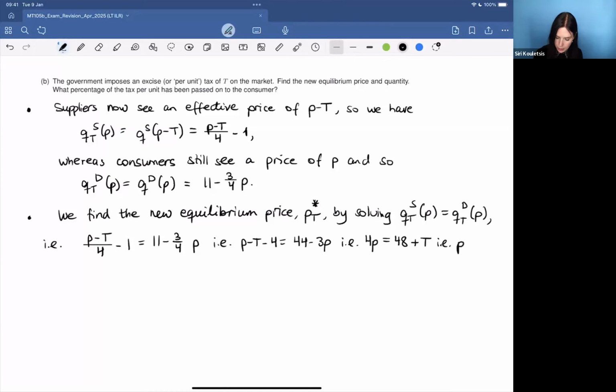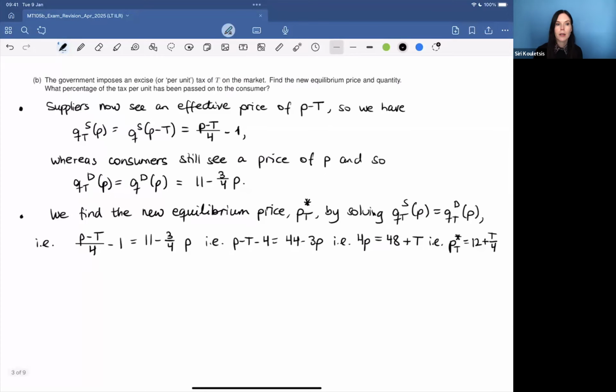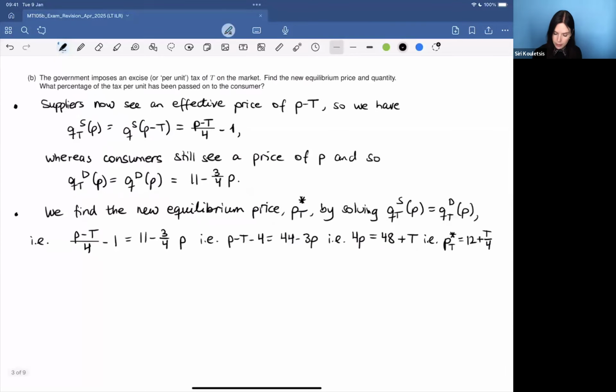And now we divide by 4 to find our new equilibrium price in the presence of the tax.